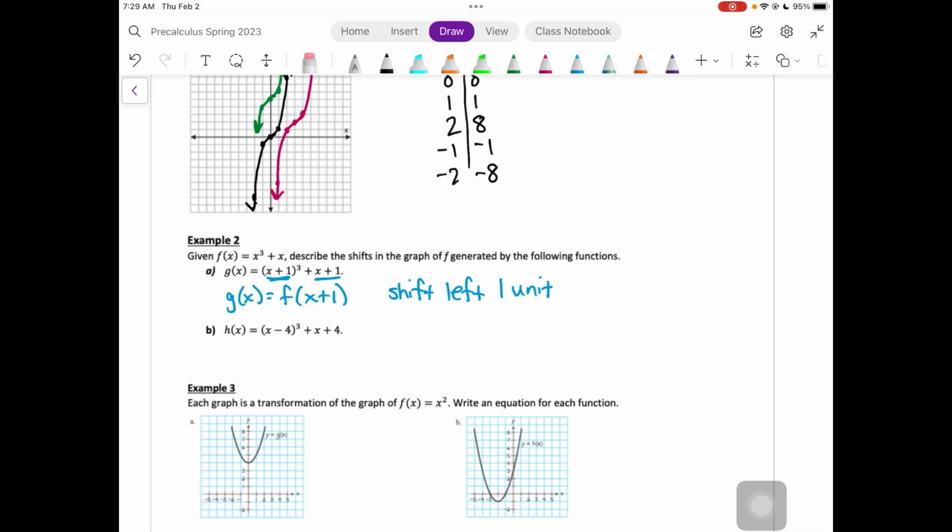Let's make that minus, because that's what it was supposed to be anyway, and it might be corrected on your document. So h of x is the same thing as f of x minus 4. And that would be a shift to the right 4 units because we're subtracting.